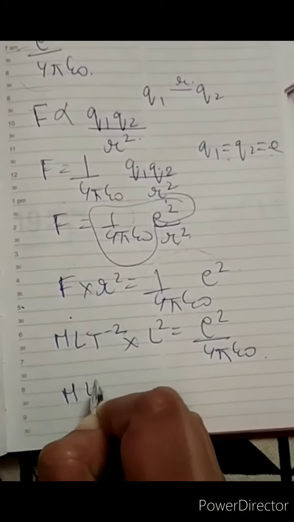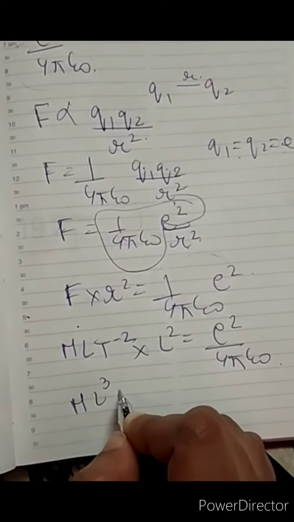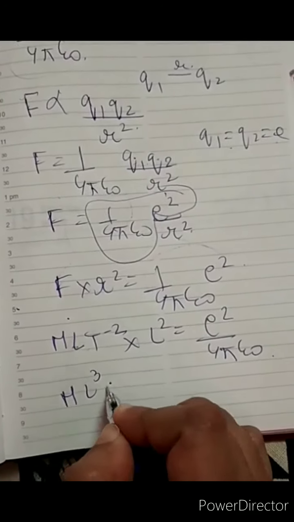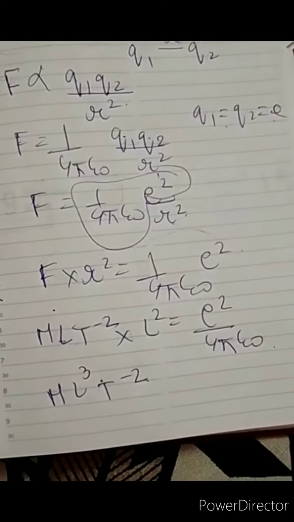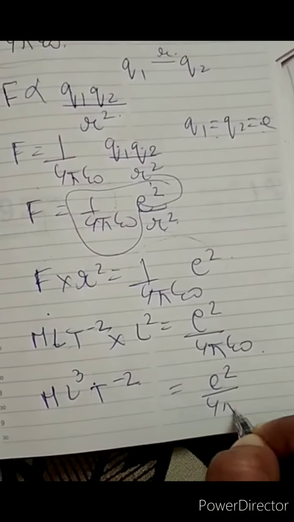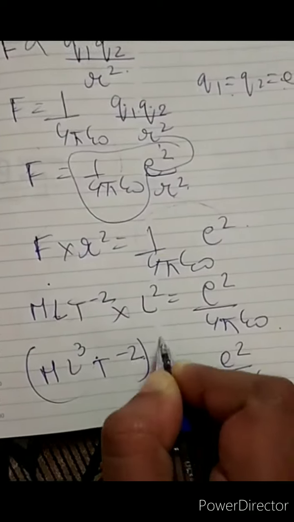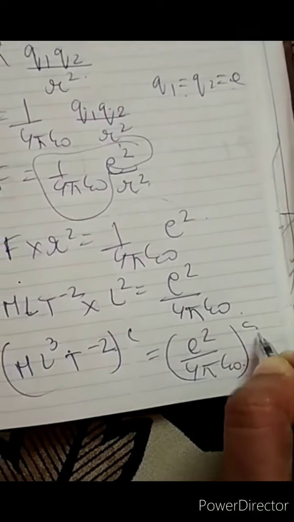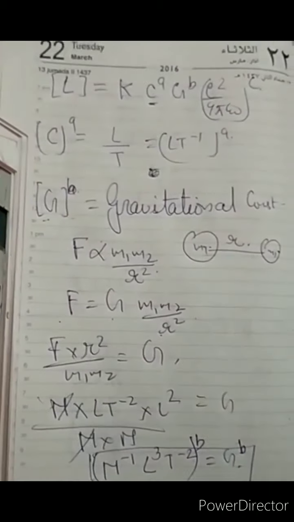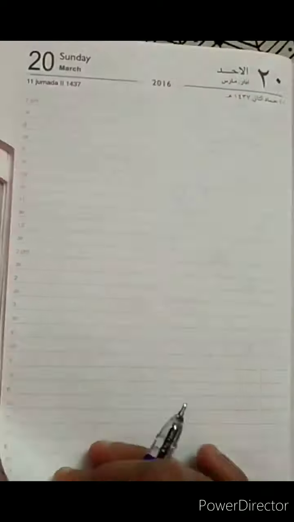And can I write ML cube T to the power minus 2, fine, is equal to E square upon 4 pi epsilon 0, and since we had given it to the power C, so just multiply it by C. Okay, we got each and every term in our hand now. You keep it here and you get the values.